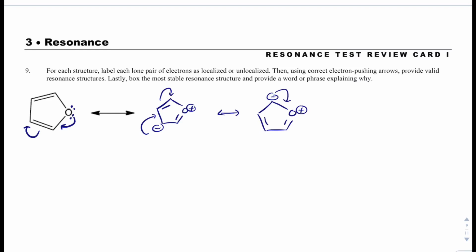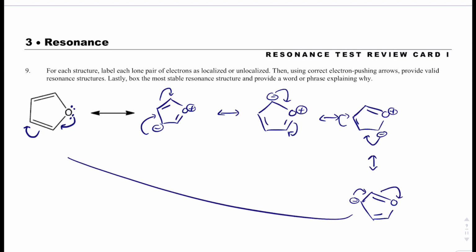Okay, and your background in chemistry should lead you to think neutral compounds are much more stable than compounds that contain charges. So we go back to our original, because it's neutral.